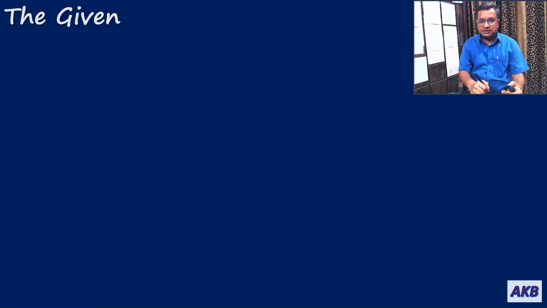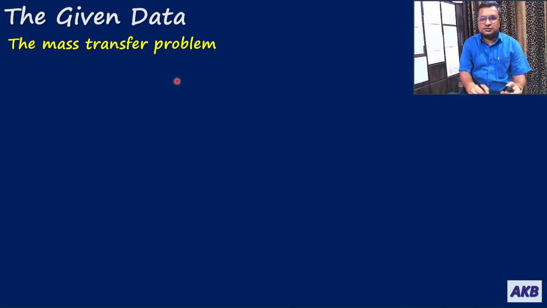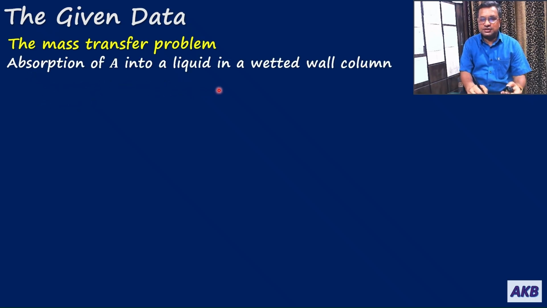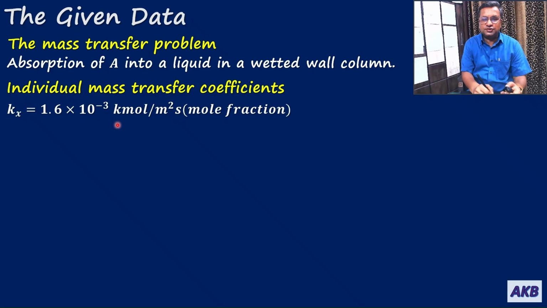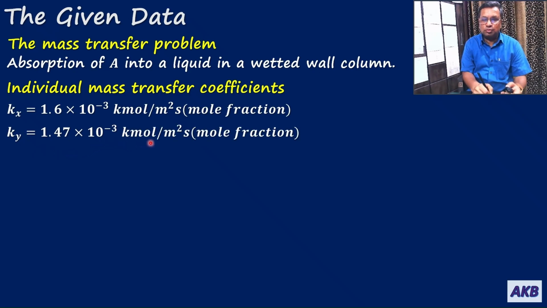Okay, so first let us list the given data. The mass transfer problem in this case is absorption of E into a liquid in a wetted wall column. Individual mass transfer coefficients are given to us. Kx is 1.6 into 10 to the power minus 3 kilomole per meter square per second per mole fraction. Ky is 1.47 into 10 to the power minus 3 kilomole per meter square per second per mole fraction.